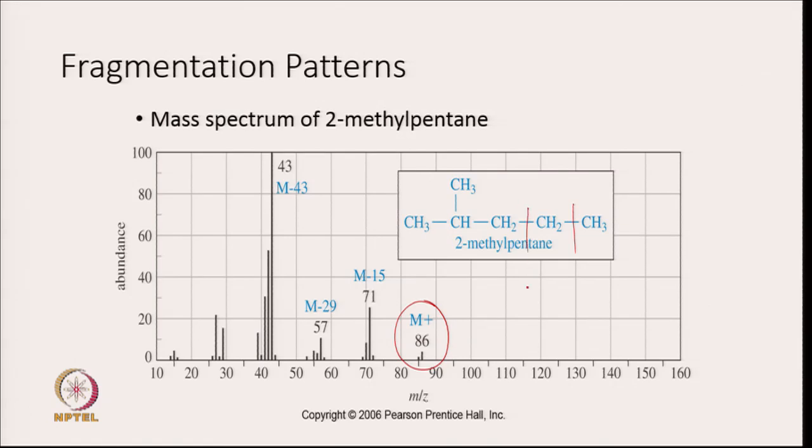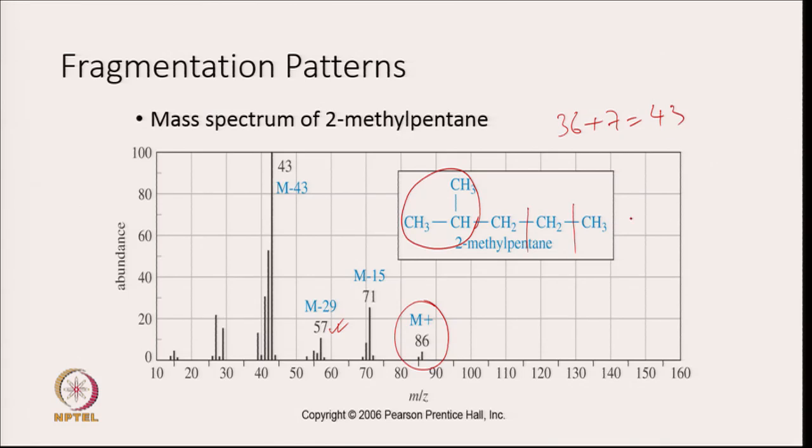If it loses CH2CH3, then 15 plus 14 is 29, so this peak can be assigned to M minus 29. If it loses CH3CH2CH2, then this is 12 times 3, 36, plus 3 plus 3 plus 1, 7, 43.